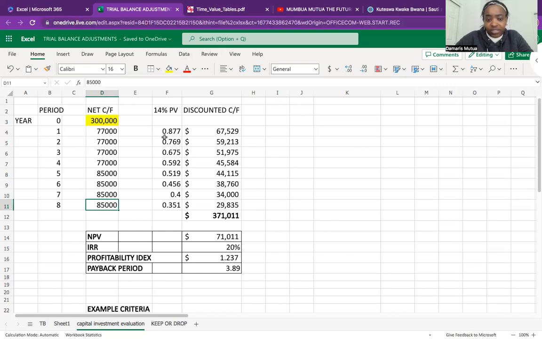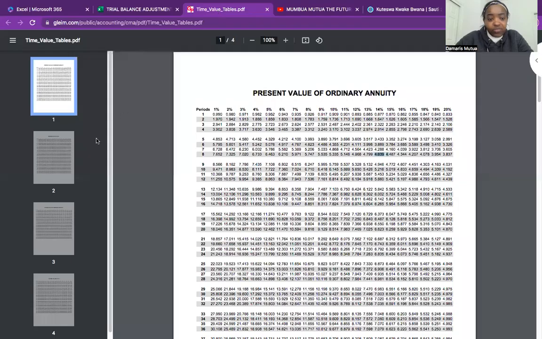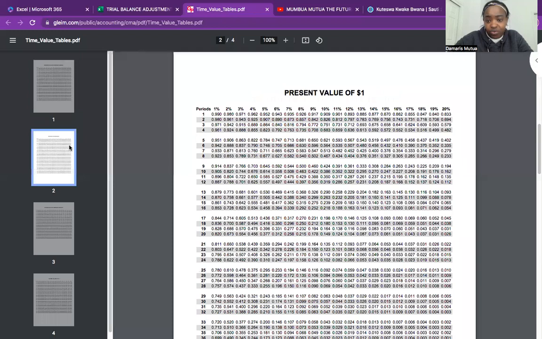At 14%, we get our discount rate. For example, year 1, 14%, year 1. And we're using the present value of $1. The reason we're using present value of $1 is that these cash flows are different for the different periods.